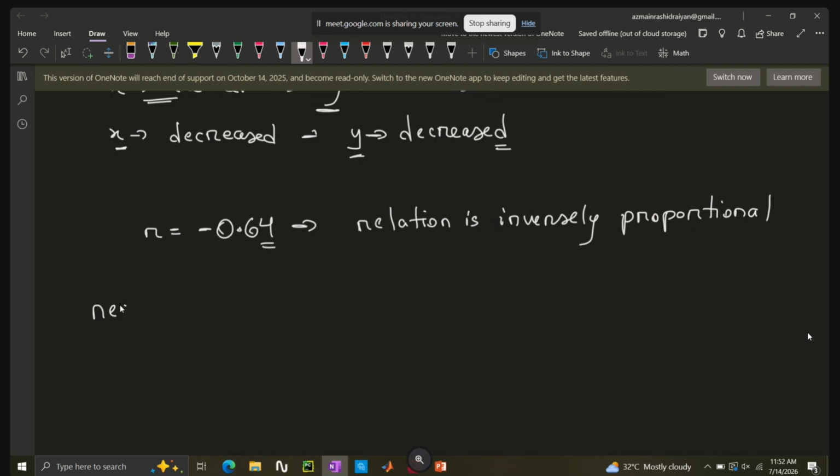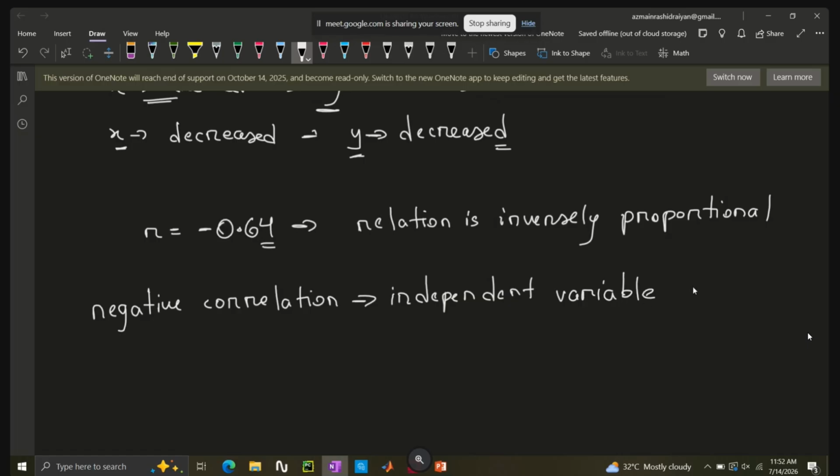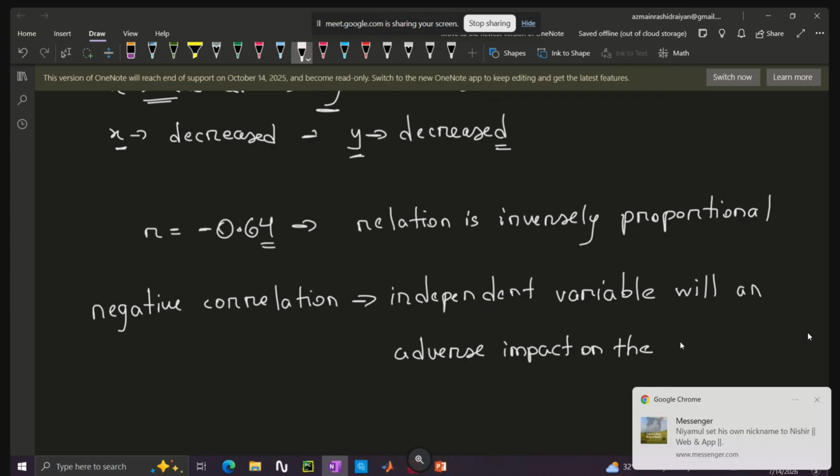So negative correlation means the independent variable will have an adverse impact on the dependent variable.